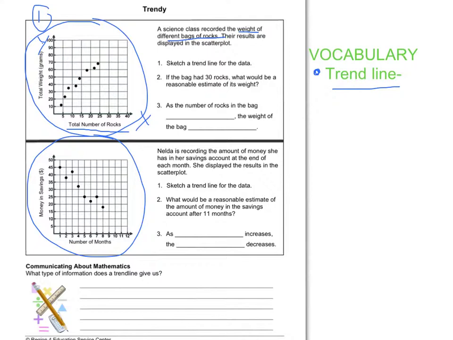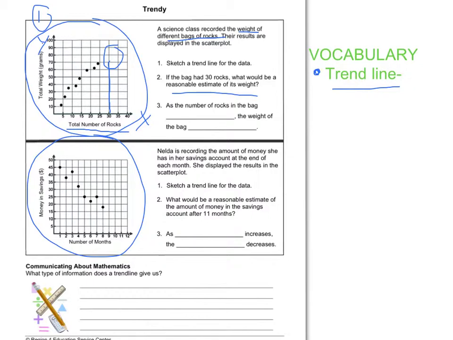But I would like you to answer, if the bag had 30 rocks, what would be a reasonable estimate of its weight? So you're going to go ahead and look on your graph at the total number of rocks. You're going to go to 30, and what is a reasonable number that bag could weigh? Go ahead and write this down, please.